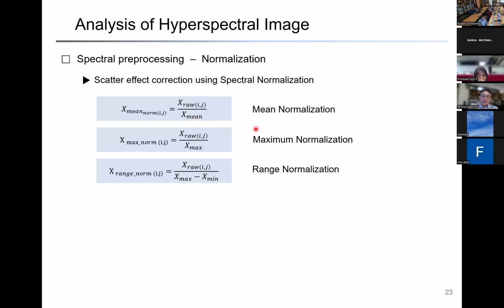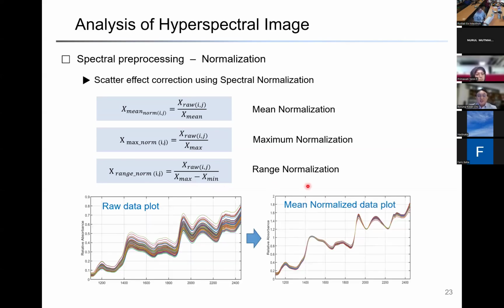And the raw spectrum divided by the maximum value is maximum normalization. And the raw spectrum divided by a certain range is range normalization. In this way, we can minimize the scatter effect.